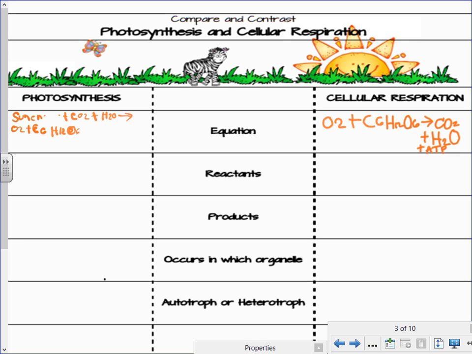This is not second grade. They use each other's waste. So the waste from photosynthesis is used by cellular respiration, and the waste from cellular respiration is used by photosynthesis. So they're the exact what equation? Opposite equation.